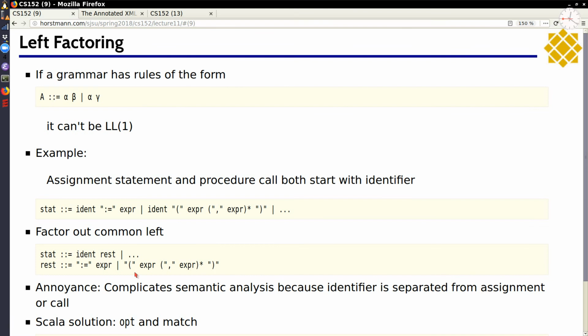So the annoyance with that is that rest now has to kind of carry as its result two completely different things inside. That rest could either be the second half of an assignment, or it could be the parameters of a procedure call. So you need to have an object that carries that information, one or the other. So what would you call it? Assignment or maybe procedure call, some such thing. And so then you have to have these artificial looking objects.